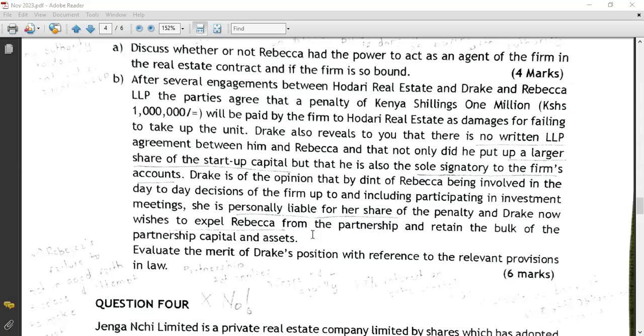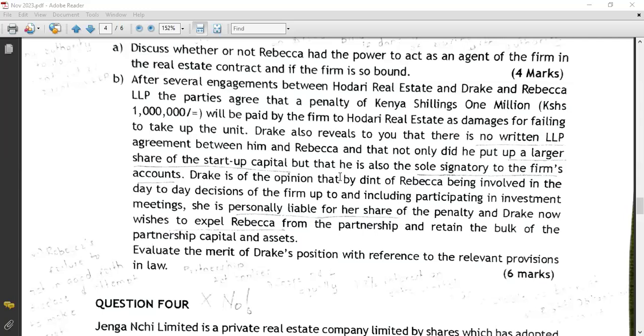12.1. So how the relationship of partners is to be governed, except as otherwise provided by this act, the mutual rights and duties of the partners of an LLP and the mutual rights and duties of a limited parties are governed by a limited liability partnership agreement, or if there is no such agreement, or there is such an agreement but it doesn't deal with a particular matter, by the first schedule.